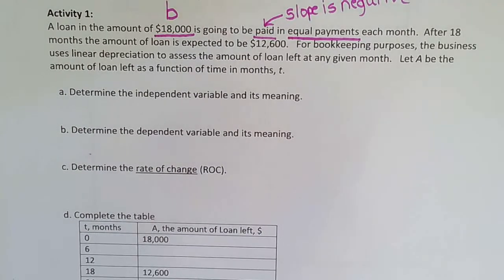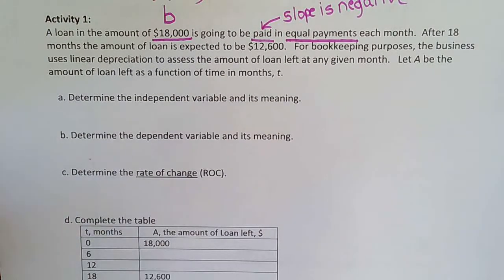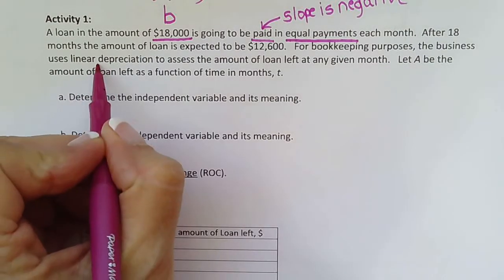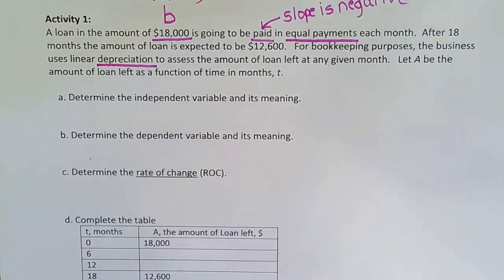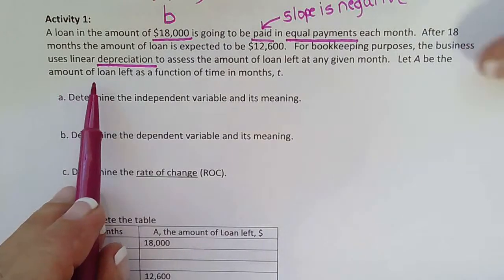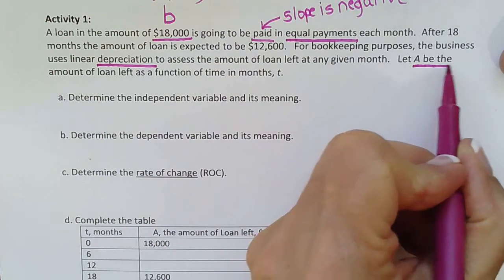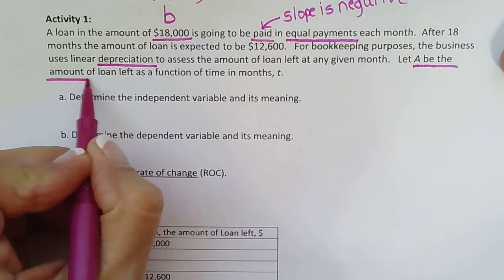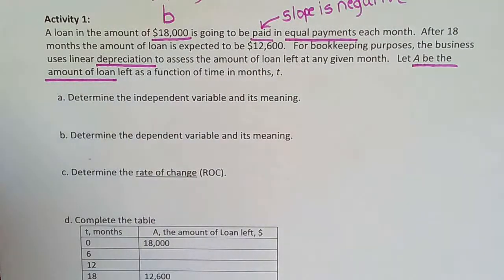For bookkeeping purposes, the business uses linear depreciation. That's just saying it's going to be a line. And because it's depreciation, that again is another word telling you the slope is negative. Let A be the amount of the loan. That's important because we have to use the letters that they say. And make sure on ALEKS, you use the case they give you.